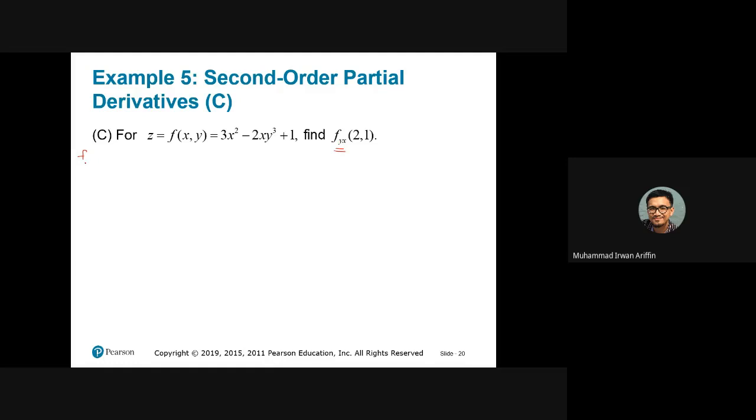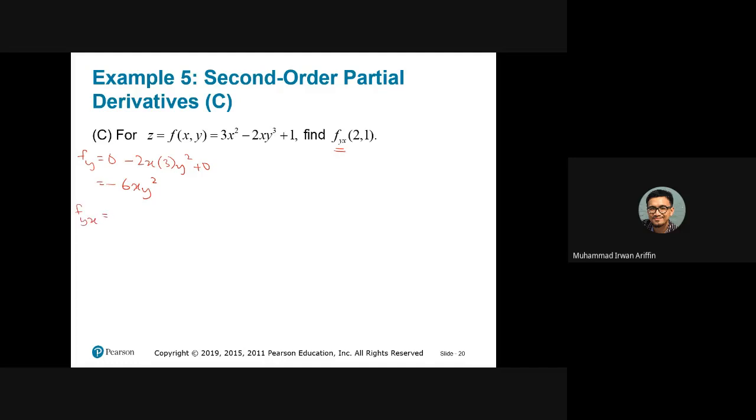So look at the order. F sub y equals, there is no y here, so this becomes 0, minus, we have a y here, so 2x, and then I have a y here, so I'm going to put 3y squared, plus 0. So my f sub y equals negative 6xy squared. Then I need to differentiate this with respect to x.